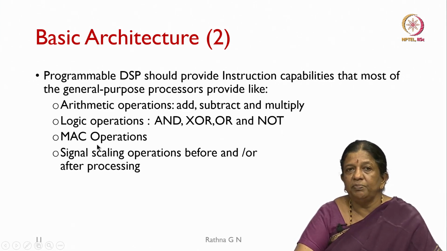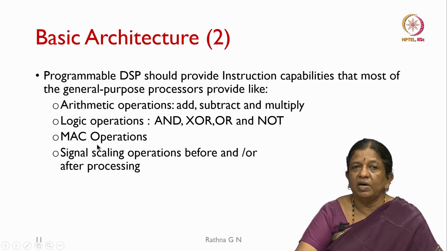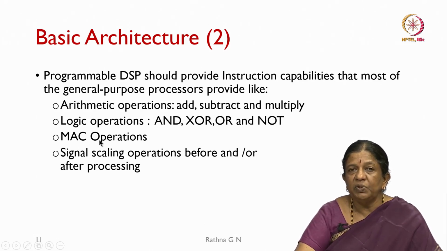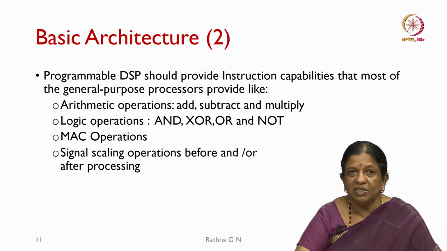Some of the earlier processors had both multiply and accumulate together. Nowadays the multiply unit is separate and the accumulator is separate, but we can run them in parallel so that I can get the MAC operation in one clock cycle. The next one is we have to do scaling of the signal before and after. Hold on a while, why we need it, we will come to that discussion in a while.